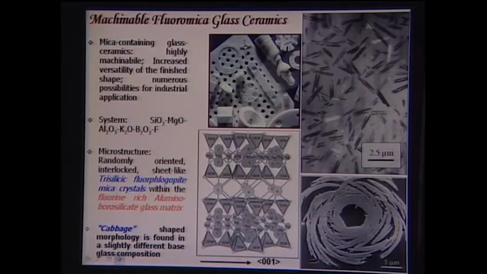Now, this particular machinable fluoromica glass ceramic has a particular crystal structure which makes it machinable. If you look at this crystal structure, you find that the potassium atoms are at the central region, and this forms a central row of atoms.